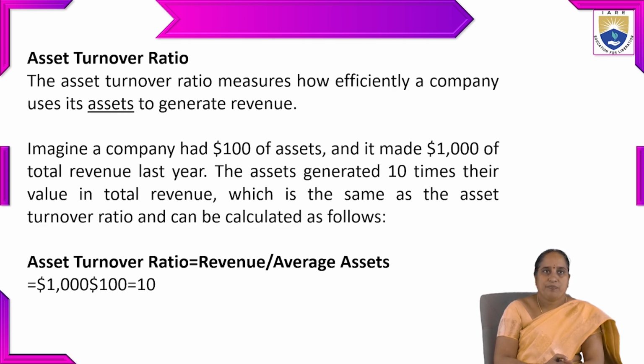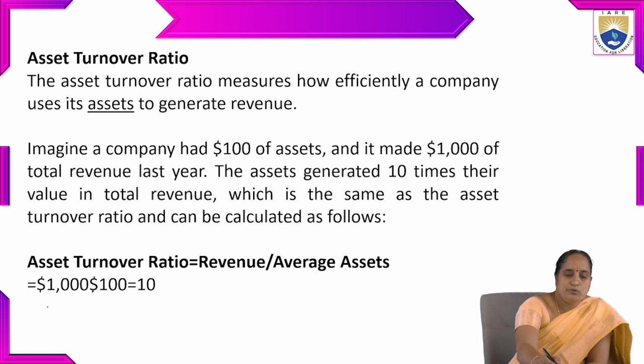For example, imagine a company had $100 of assets and it made $1,000 of total revenue last year. The assets generated 10 times their value in total revenue, which is the same as the asset turnover ratio, which can be calculated by the formula: asset turnover ratio is equal to revenue divided by average assets.